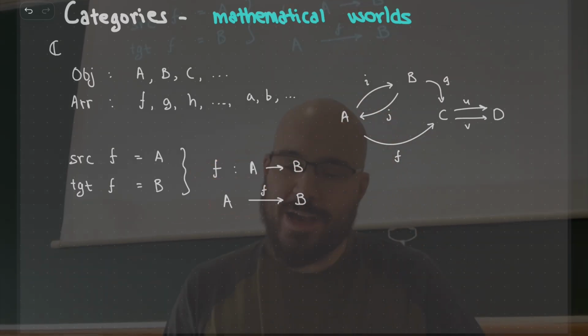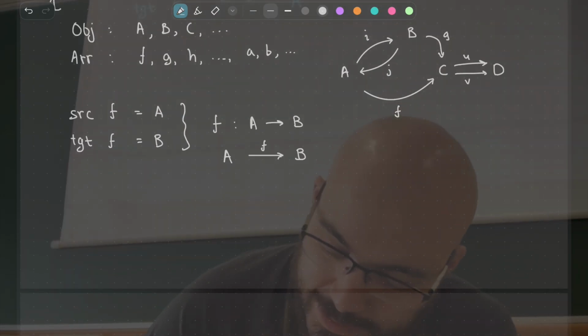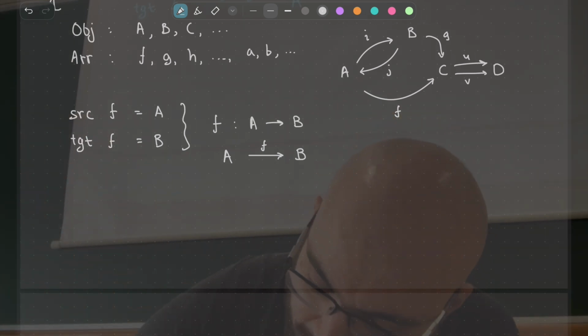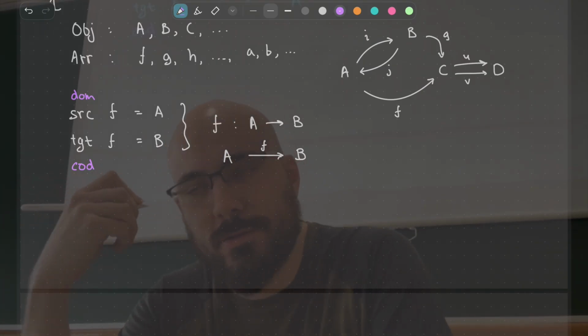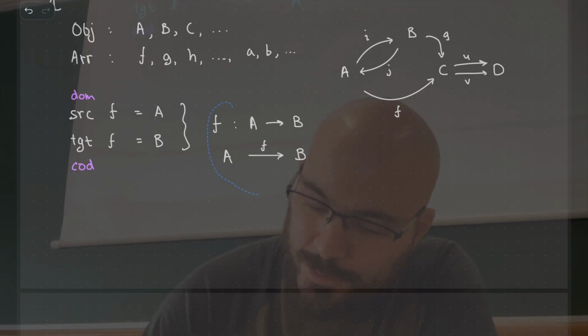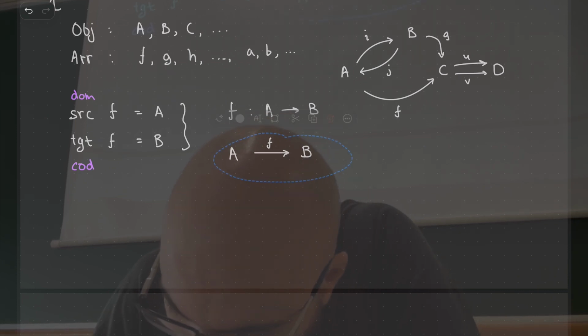I'm avoiding nomenclature from category theory that's very dominant. Source and target are quite common, but it's even more common to talk about domain and codomain, so you will also see this written as domain. The reason I'm avoiding it now is that if I start calling things domain and codomain, I will encourage you to think that these are functions, and this is exactly what I don't want to do, because sometimes they might be functions or look like functions, other times they will look nothing like functions.